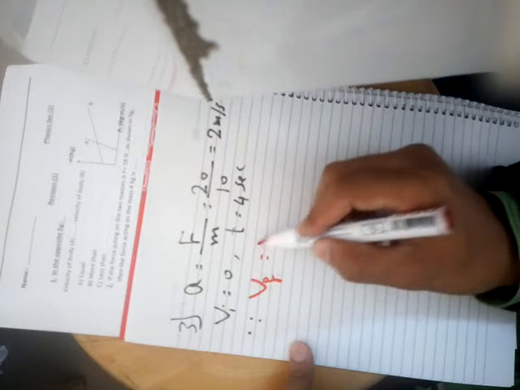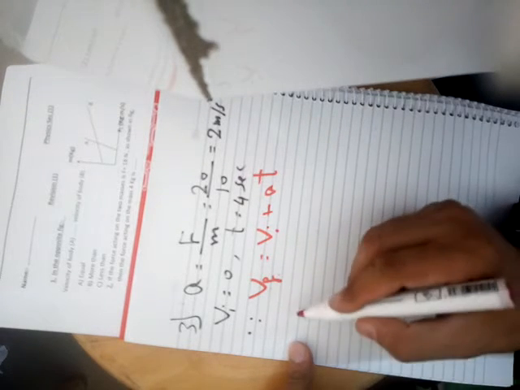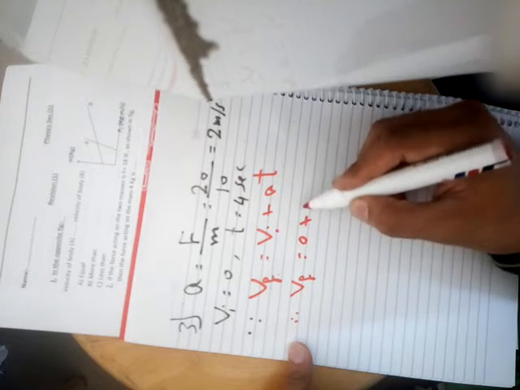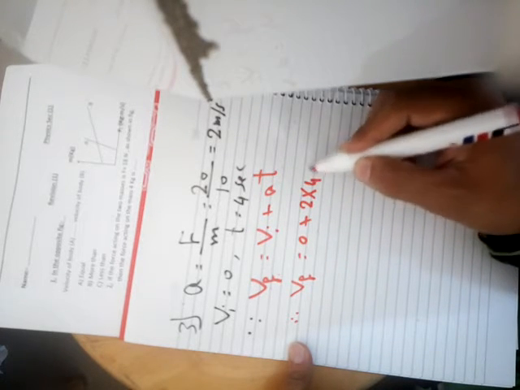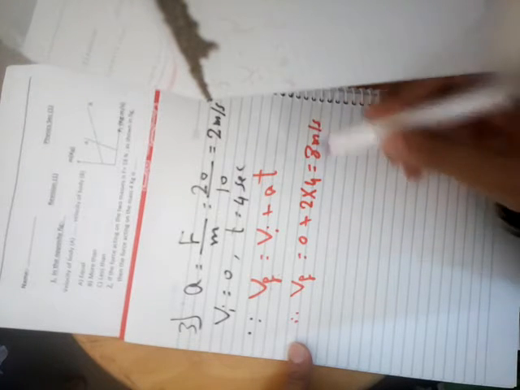From first equation of motion, we know that final velocity equal v initial plus a times t. That means final velocity equal v initial 0, acceleration equal 2, and time equal 4. So the final velocity equal 8 meter per second. Okay? This is the value of final velocity after 4 seconds.